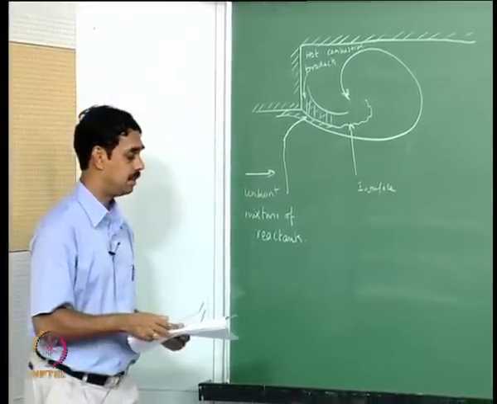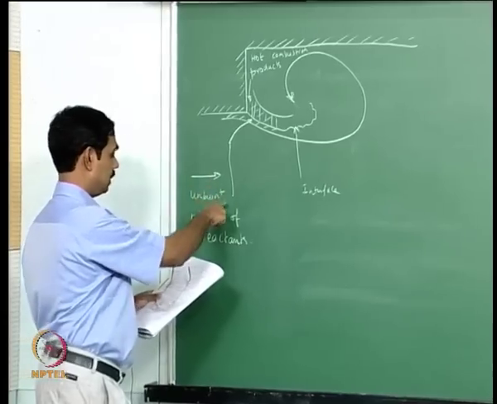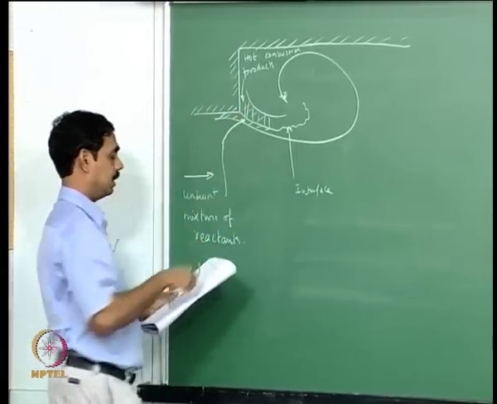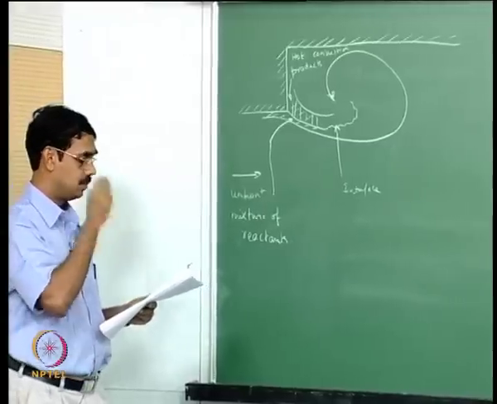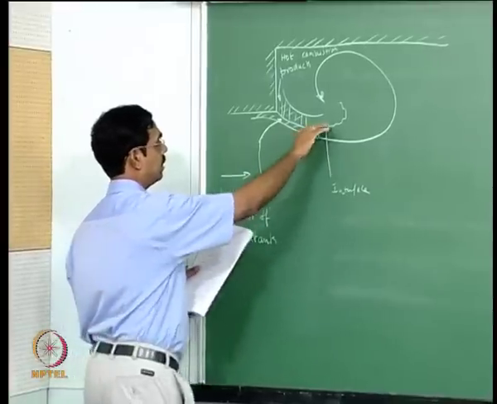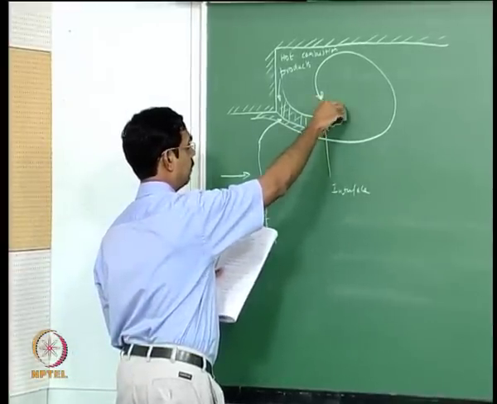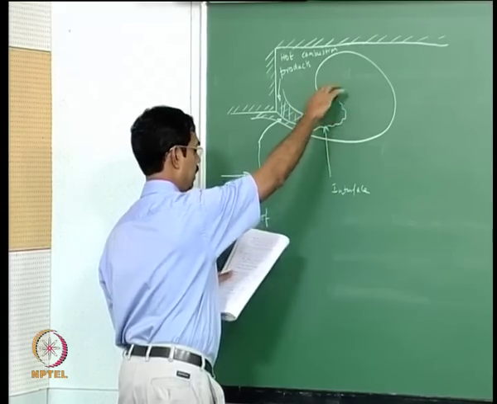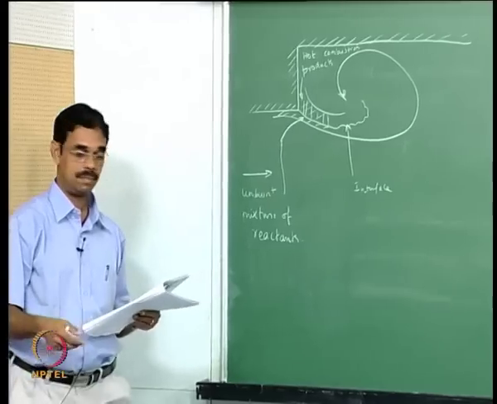In the early phase you have unburned mixture on one side and the hot combustion products on the other side, and then you do not have intense mixing and burning, but as the turbulent structures develop and fine scale mixing happens in the interface, you can have fine scale mixing and burning.